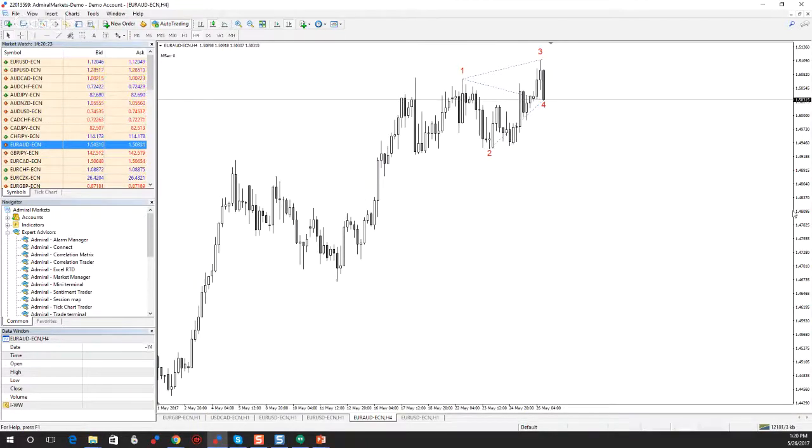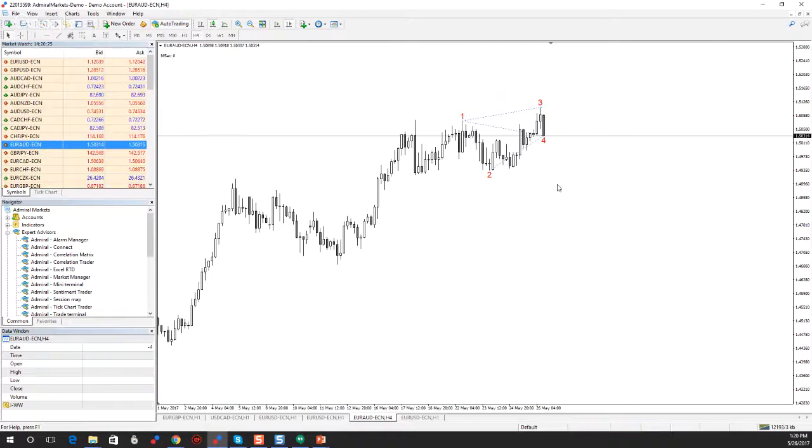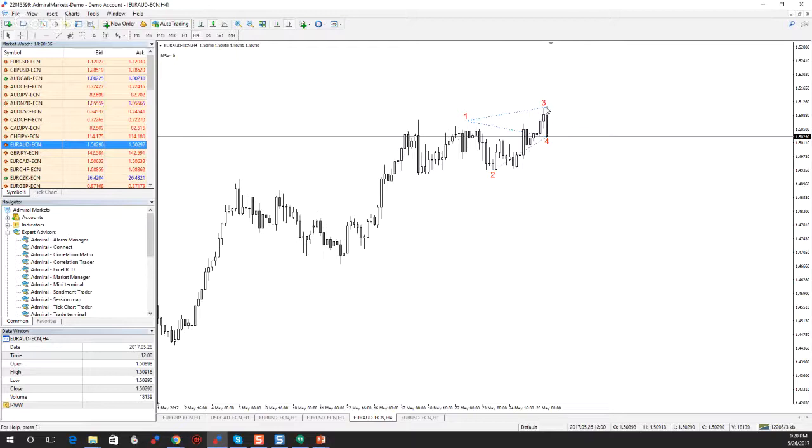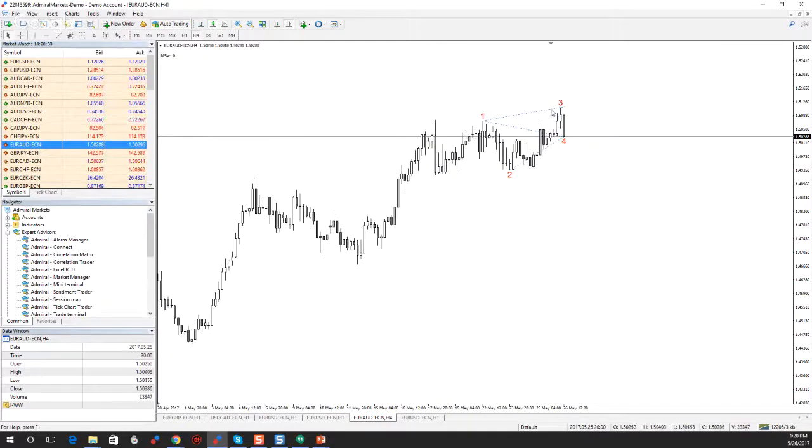Okay, this is a great example. We have a bearish Wolfe wave formation: 1, 2, 3, 4. So next time the price hits this level, this 1 to 3, I will just move like this. When the price hits this, it could be, let's say, point 5, but you don't watch point 5.